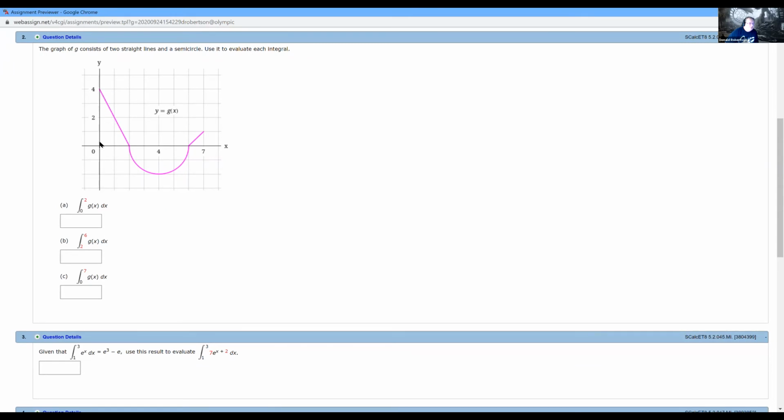If you're looking at 0 to 2, aren't you basically looking at that little triangle there? You agree? Now, I know how to get triangles. Isn't it half base times height? Can we just say, I hope we can say, that that's 4? You agree?